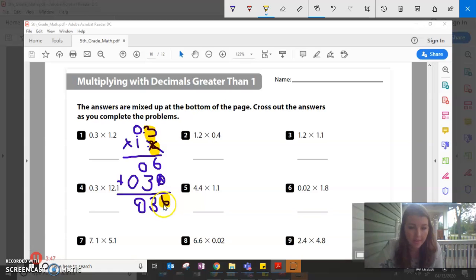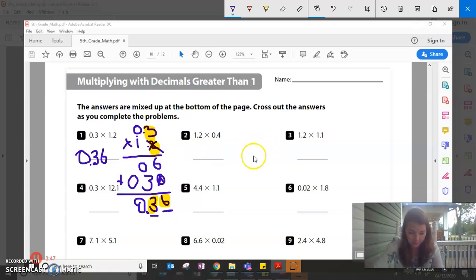There would be 1, so I need another one. That would be 2. So I need to place my decimal point not here, not here, but here, so that I end up with 2 numbers in the decimal places. So my product is 0 and 36 hundredths. Okay, let's move on to number 2.